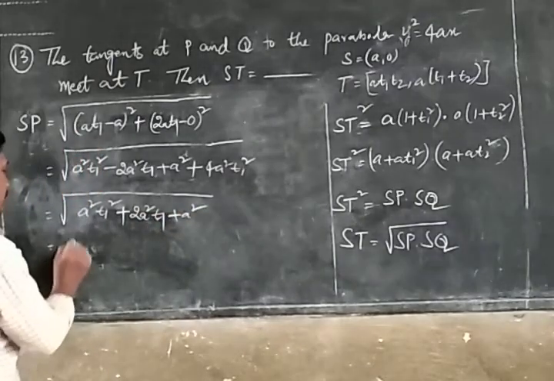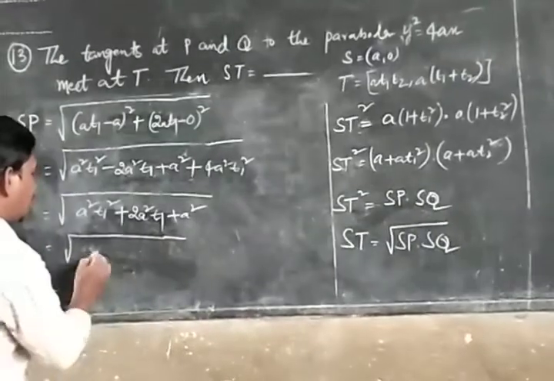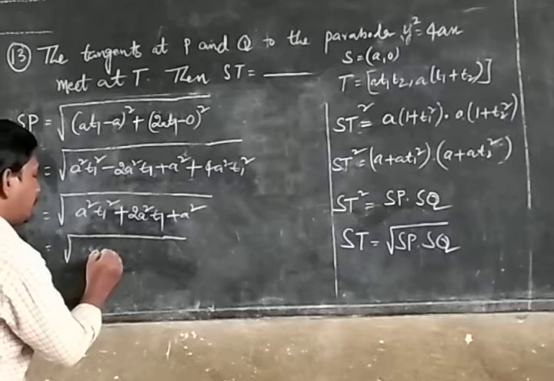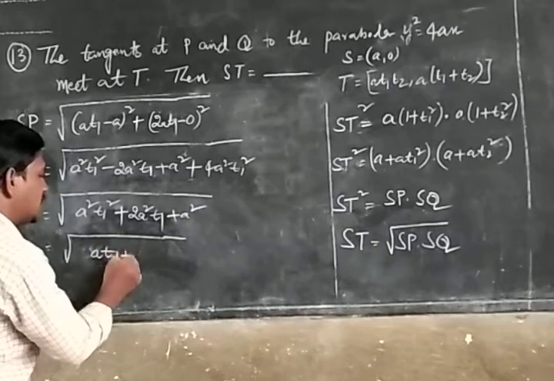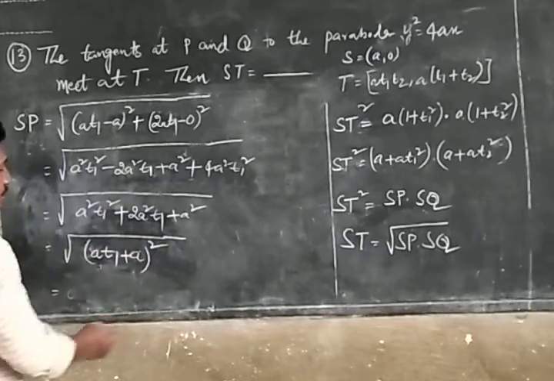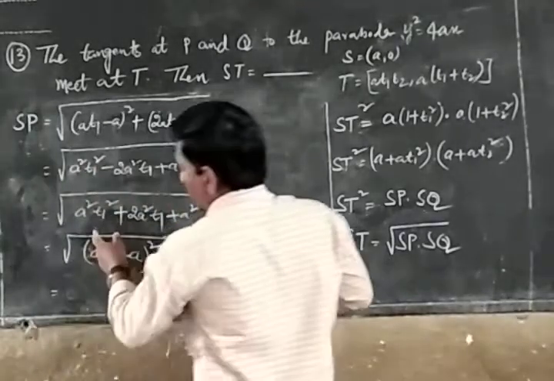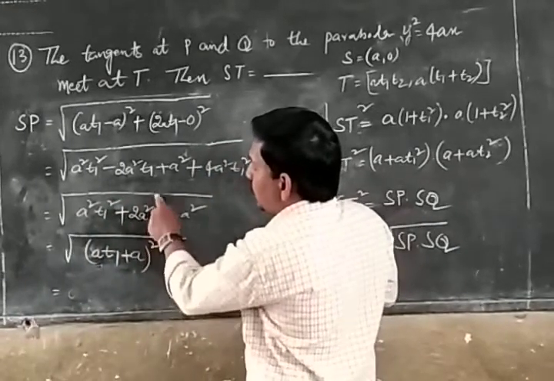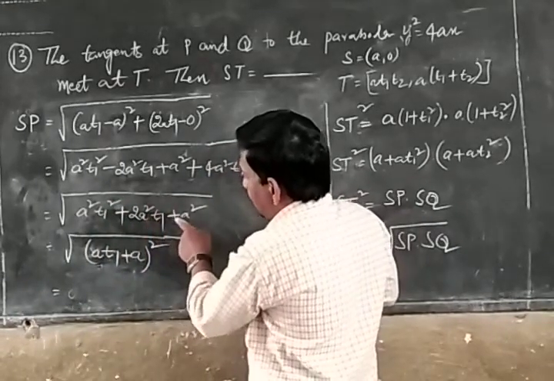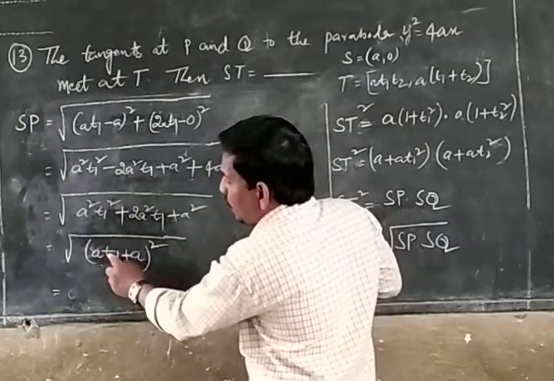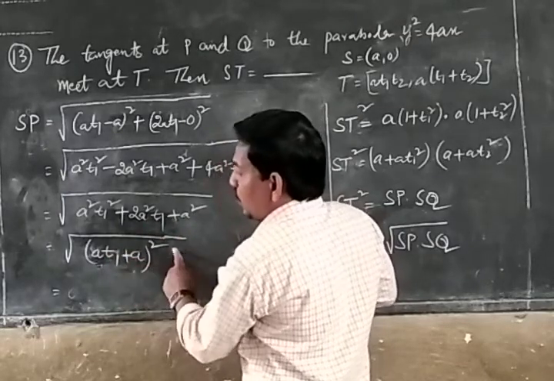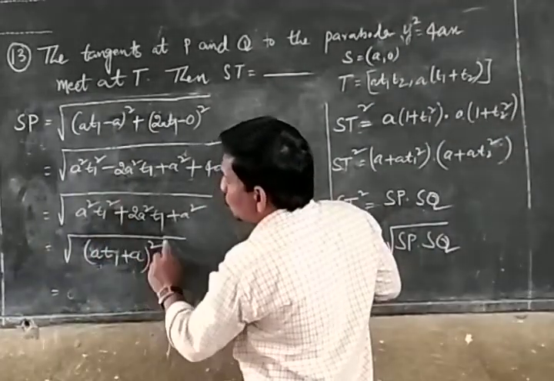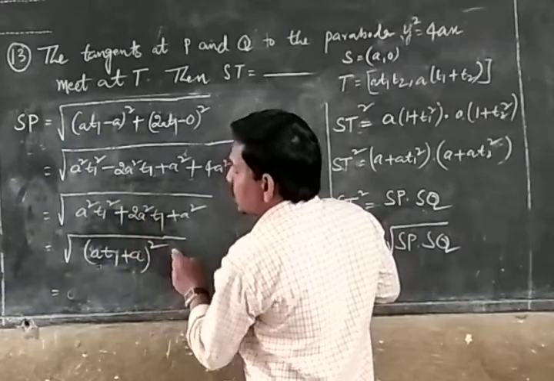It becomes (a t1 square plus a) whole square, (a plus b) whole square.